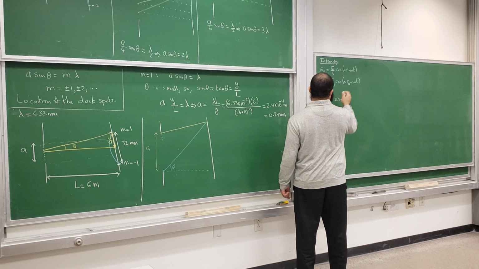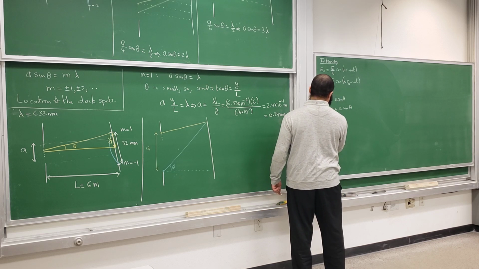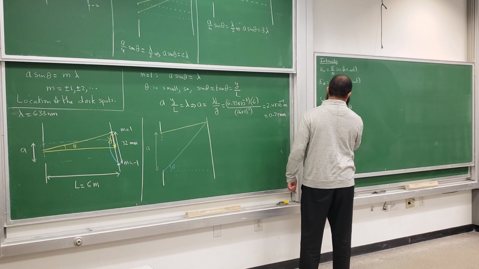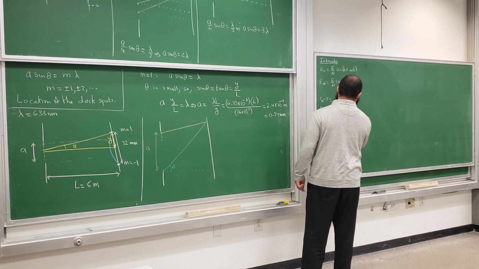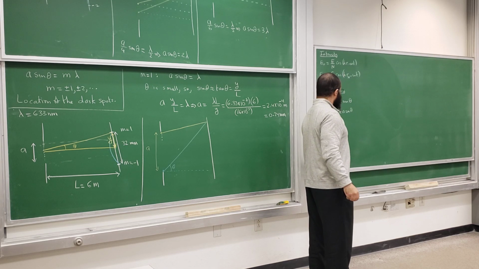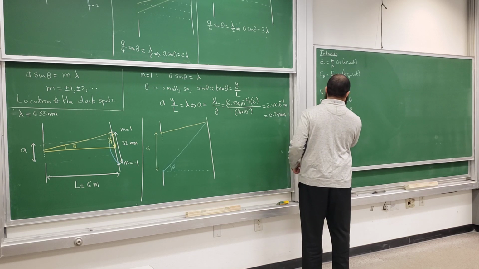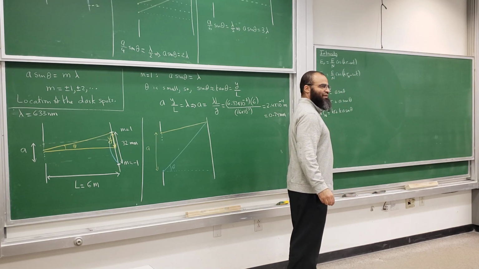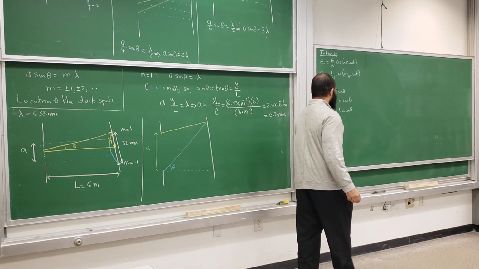That means k times r_n will equal k r plus k A sine theta. But what's k? 2 pi over lambda. Okay.